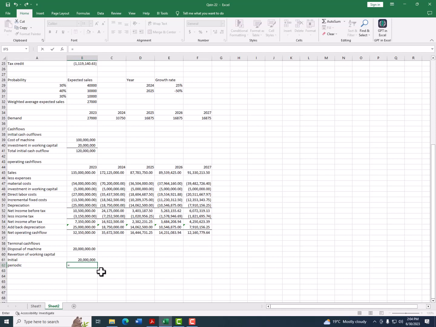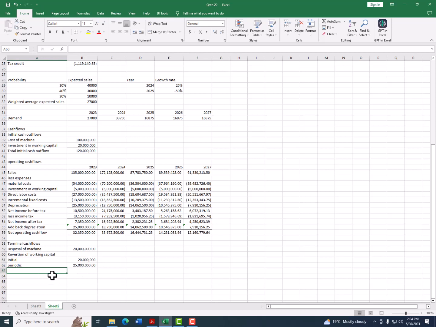And therefore it is a cash inflow at the end of the period. So periodic equals minus sum, close brackets, hit enter. So that is the periodic working capital reversion, 25 million, 20 million for the initial.